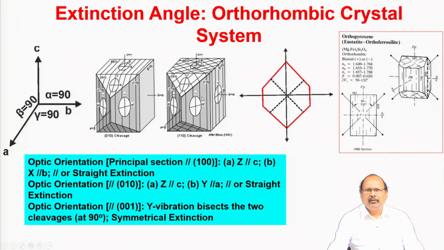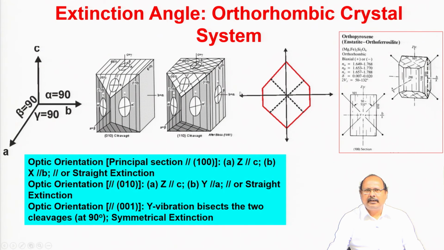What you see is that these cleavages are of vertical orientation, and in this vertical orientation there is a trace of the cleavage, for example, in this plane. What is this plane? This is your 0 1 0 plane.